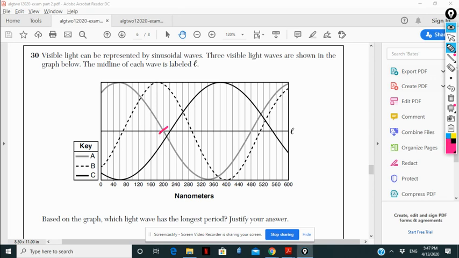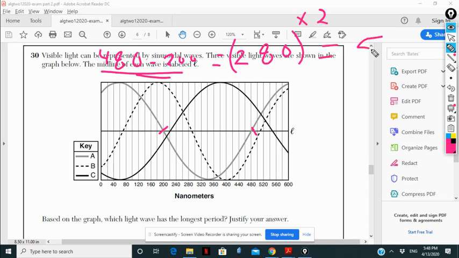The gray line here at 200 and there to 480, 480 minus 200 giving me 280, multiplying by 2 because this is half the period, so it's going to be 560.